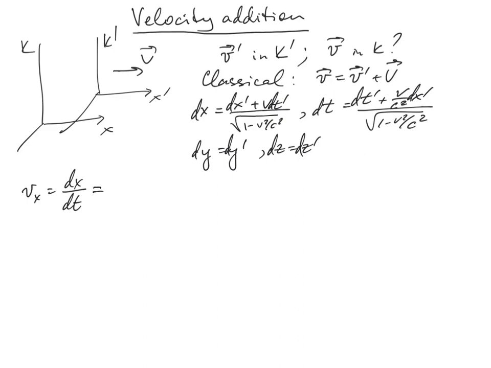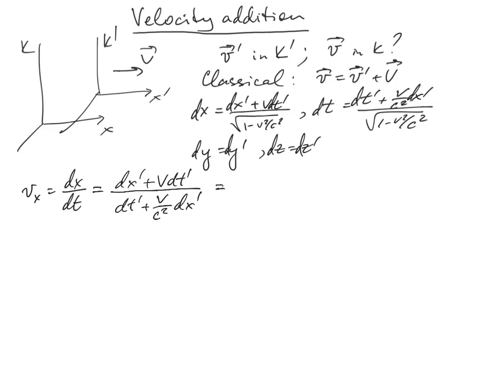So we have dx prime plus v dt prime divided by dt prime plus v over c squared dx prime. The square root has cancelled. Now we divide by dt prime.